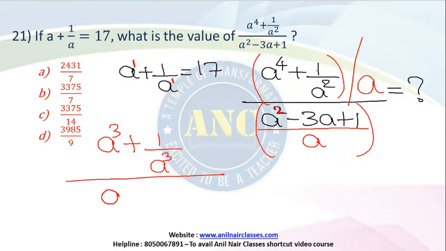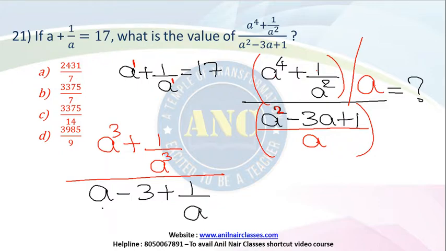A square by a is a, and 3a by a is nothing but 3. So it is a minus 3 plus 1 by a at the last term. So the denominator becomes a minus 3 plus 1 by a.